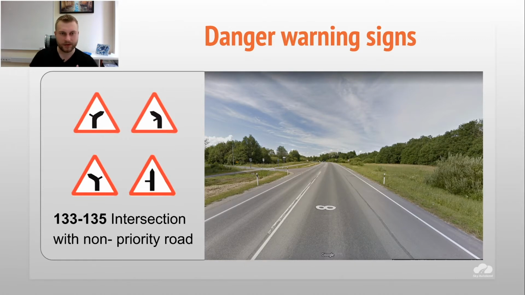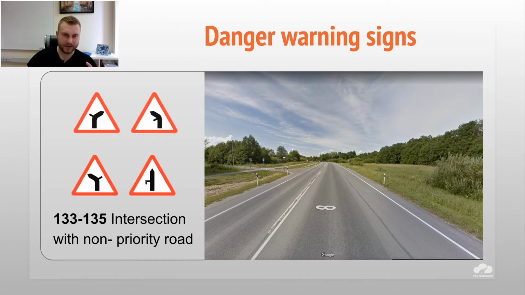Here you can see also another combination of these signs. Sometimes it's also clear that the main road goes left, for example, and the intersection of the secondary road is on the left side or on the right side. So it's always like this.